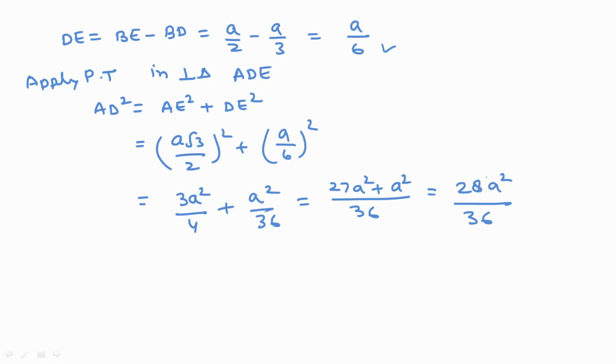This will be cancelled out by 4. 4 sevens are 28 and 4 nines are 36. AD square is equal to 7A square upon 9, or 9AD square is equal to 7A square.